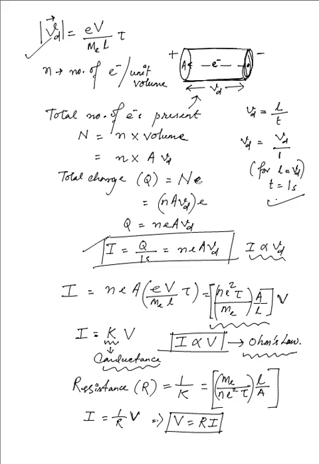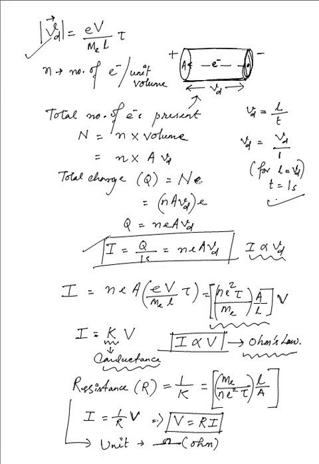Now the unit first of all is considered for resistance, and for resistance we have the unit omega, or simply ohm. And obviously for conductance we have ohm inverse.